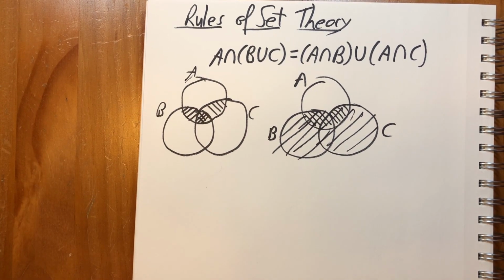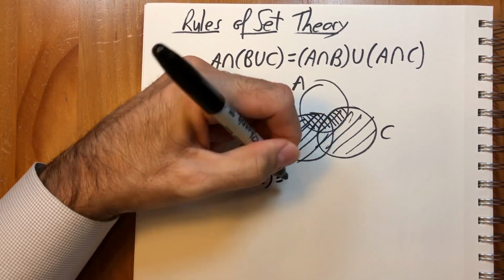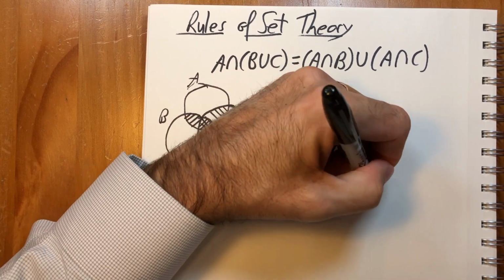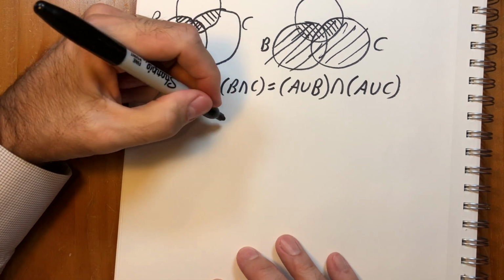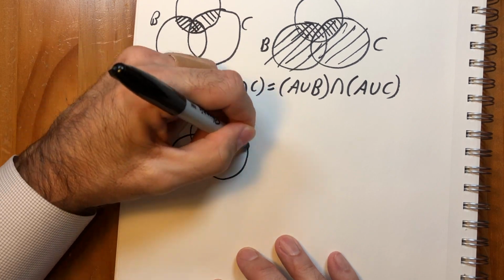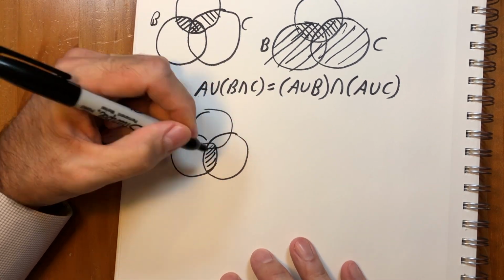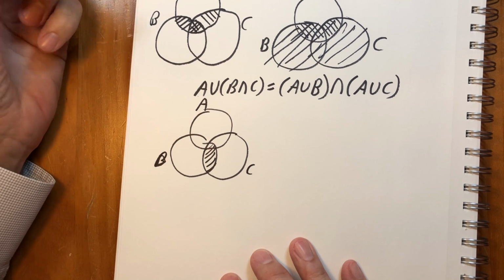Okay, that was easy. Interestingly, union also distributes over the intersection. So it's kind of weird that each operation is distributive over the other one, but it's easy to remember because it works both ways. Let's just test it real quick. So we have B intersects C, that's this one, and then A union with that.